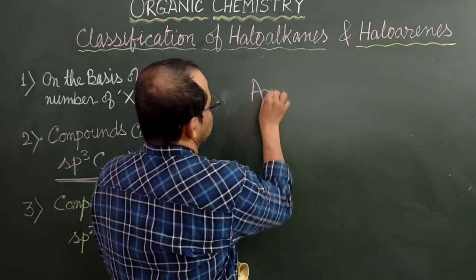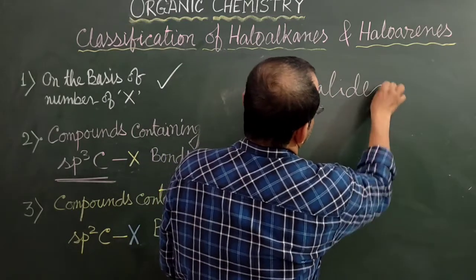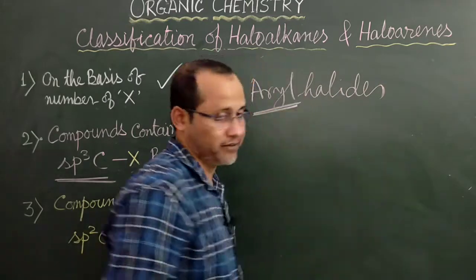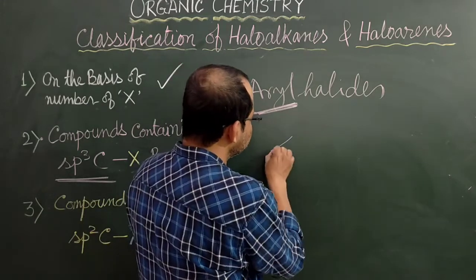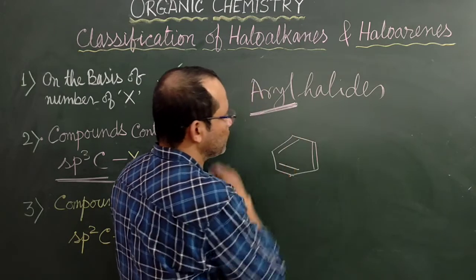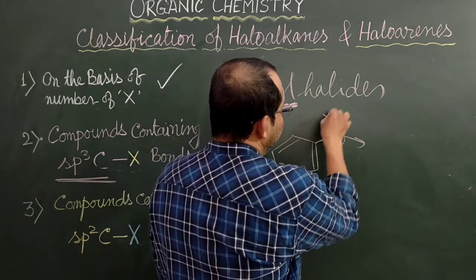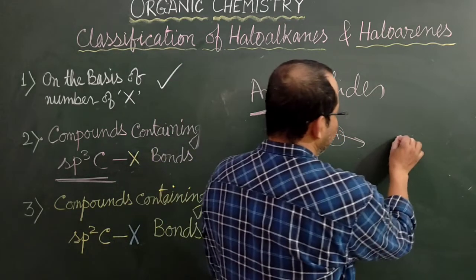So let me write down first. So what does aryl mean? Before going to this, just consider this aromatic compound here. This is an aromatic compound. If this hydrogen is replaced by halogen, then what will be the product?